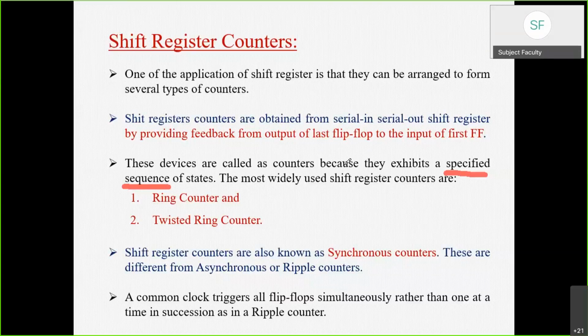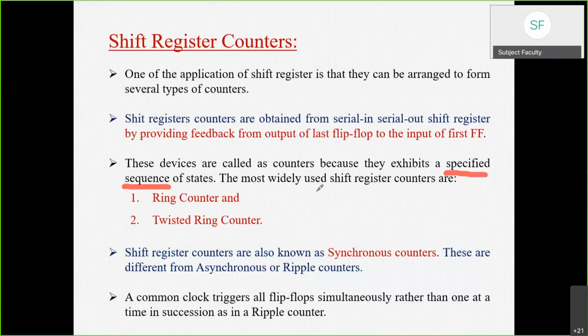Just remember here the output of our counter will not be counting the clock pulses, because it is already a synchronous device. That means clock pulses are already applied simultaneously to your flip-flops.